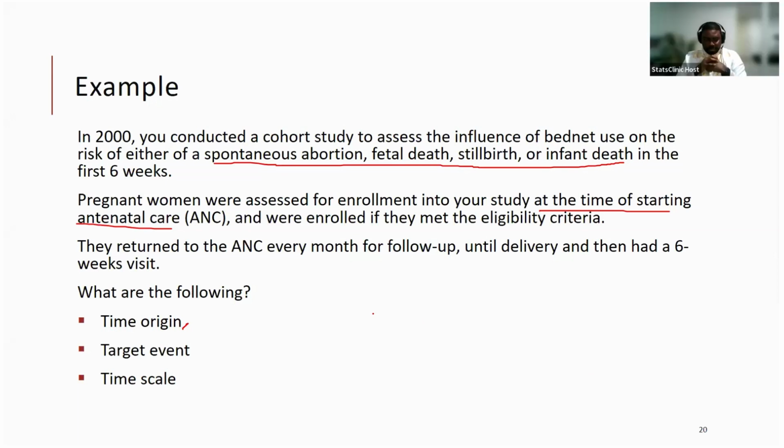Because if you use months and the baby dies in the 6th week, at what month is that? It's not measurable, except if you put 1.5 or 2.5 months. So I think weeks will be better. Yeah, that's okay. Weeks make sense again, because in pregnancy we often think about gestational age in weeks.